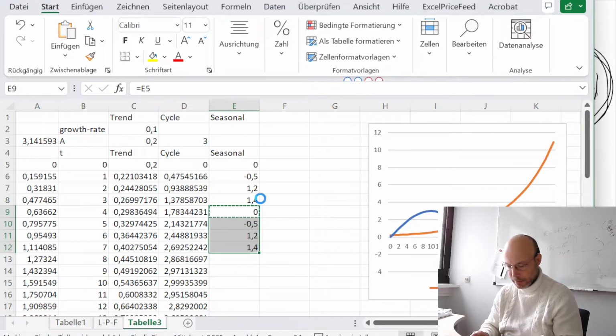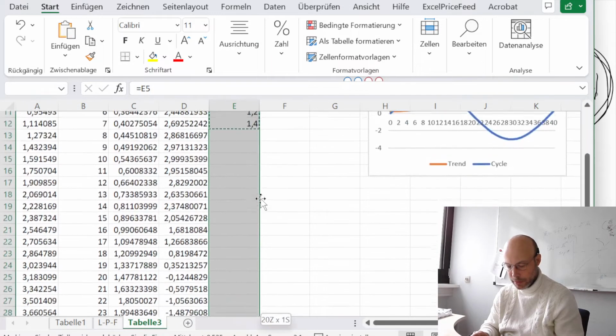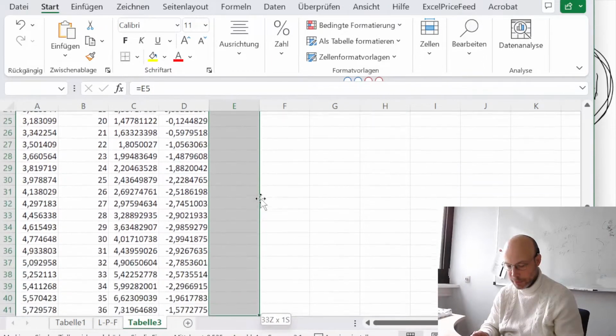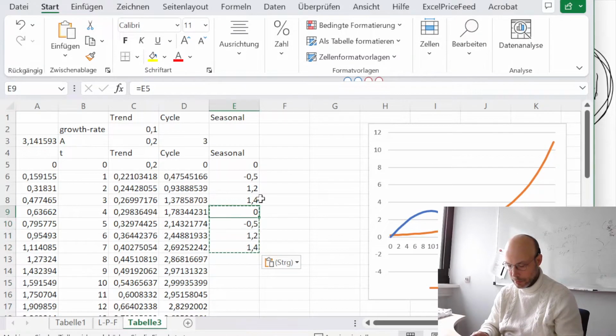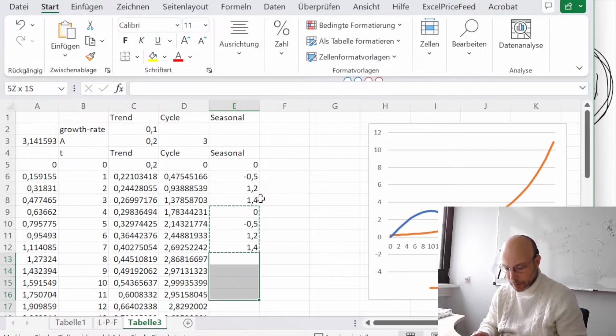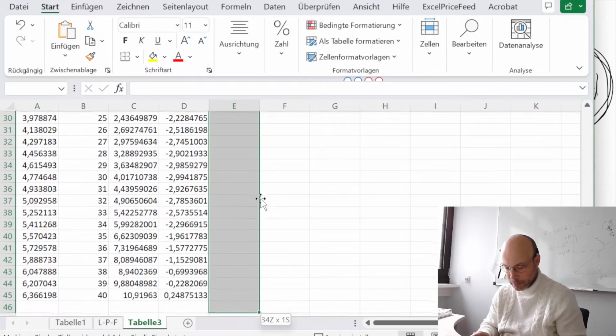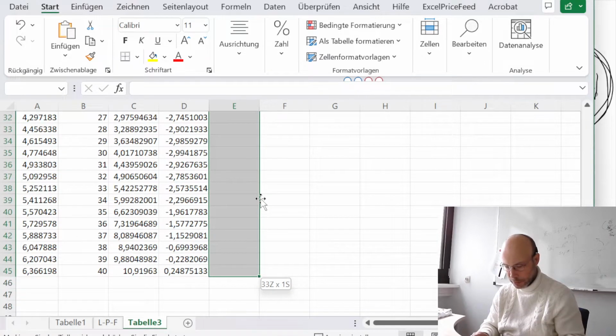And this then we just copy down to t is 40. This should work now, up to 40.